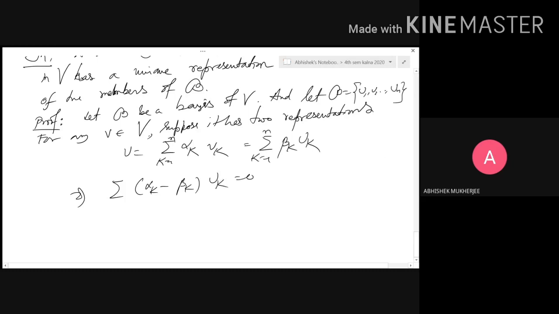Now since curly B is linearly independent, this implies alpha k minus beta k equal to 0 for all k. So any vector v can be expressed uniquely in terms of the vectors in curly B.